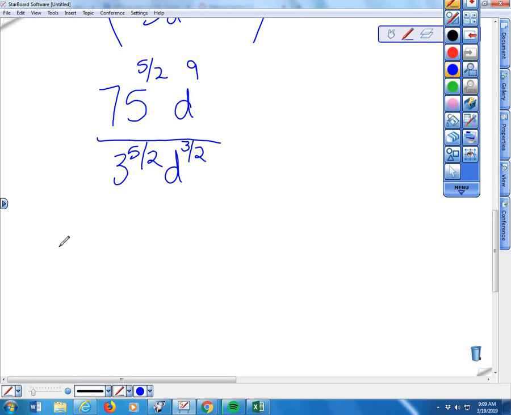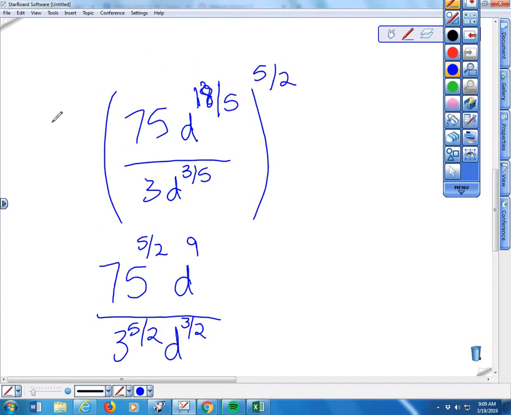Now, maybe a better way to go would have been to simplify what's inside first. So let's do it that way. 75 over 3 is 25. d to the 18/5 over d to the 3/5 is d to the 15/5, because I subtract, which is 3.